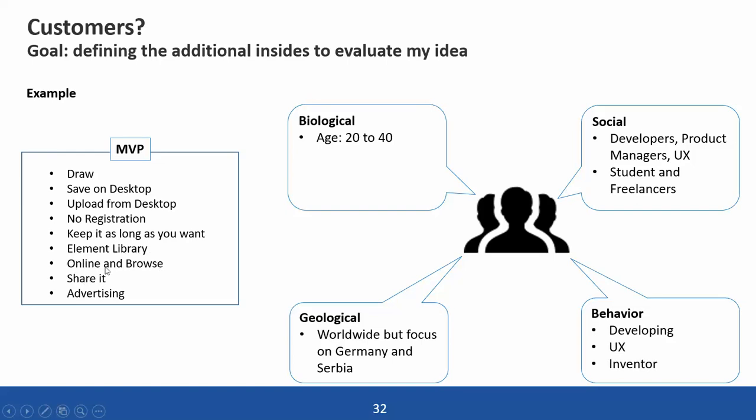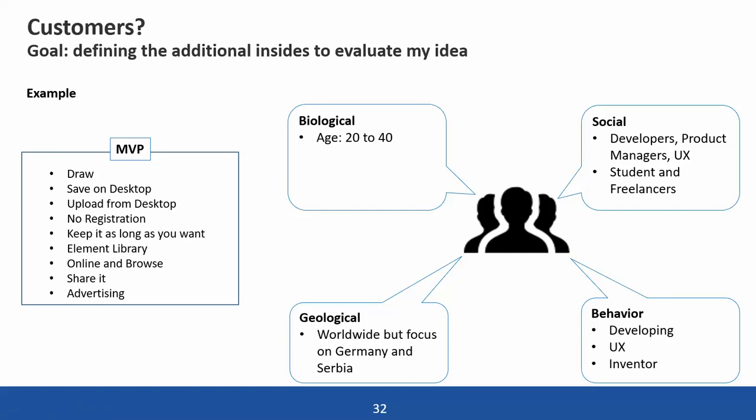This is something perhaps also not interesting for big companies, because they want to host it on their own servers because of security issues. Sharing is important for everybody, and advertising is already a no-go, I think, for big companies. So when I match it, I think this is all right, but I still have to narrow my target group down, because I don't think I can match this for big or medium companies.